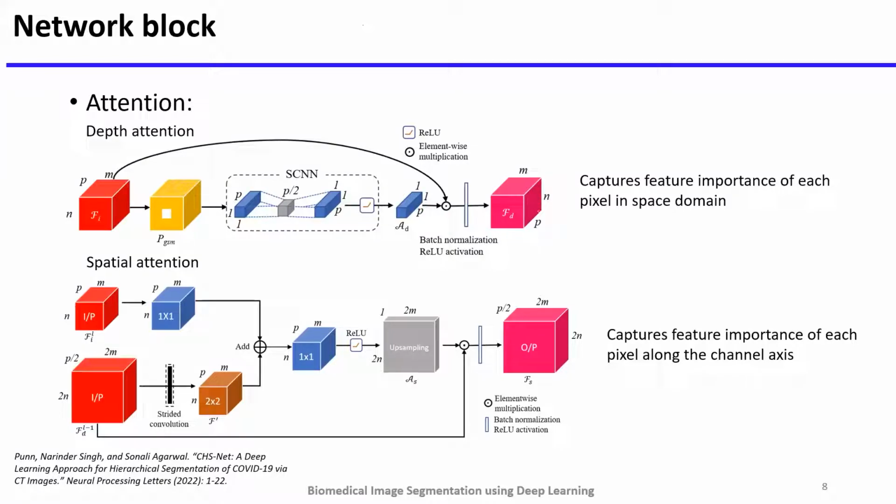This attention-based model captures feature importance for each pixel in the space domain. And also it captures the importance of each pixel along the channel axis.